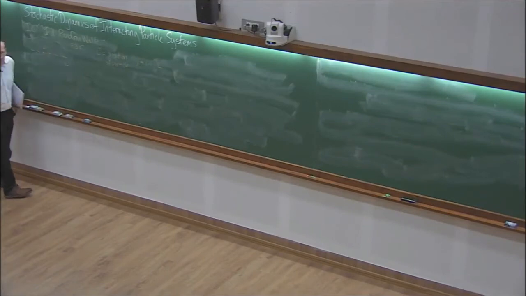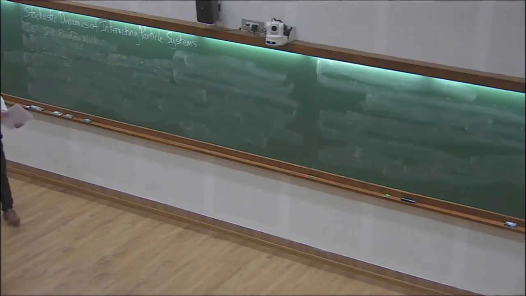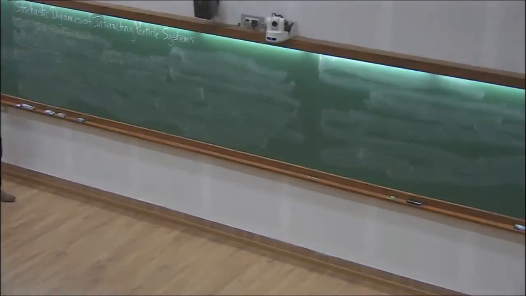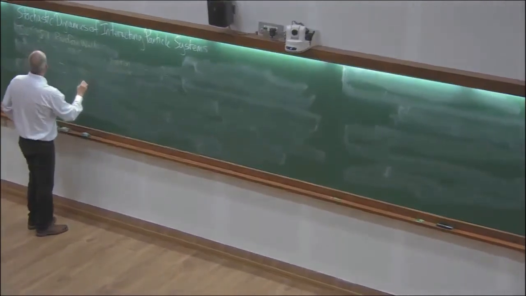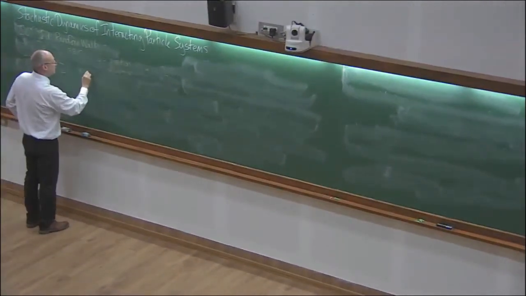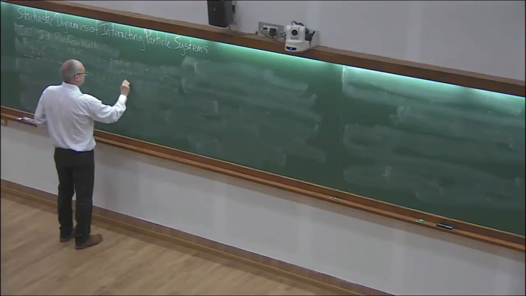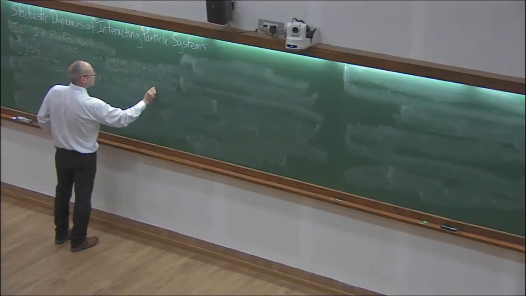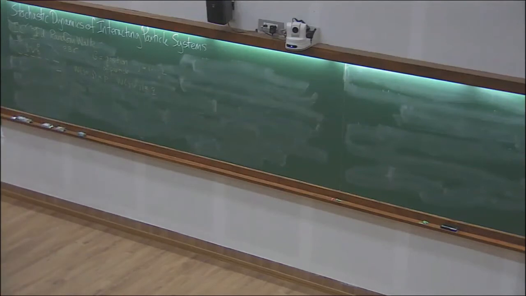You may have met random walks when the time is discrete. Here I want to have continuous time, but a discrete lattice. So the walker goes to the right with a rate P, say, and to the left with the rate Q. So my transition rates are W of J going to J plus 1 with rate P, and W of J going to J minus 1 equals Q. So those are my transition rates.